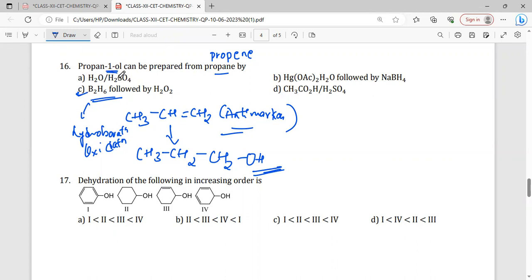Whenever you add acid, you'll be having Markovnikov's addition. This is mercuric acetate and water, again your oxymercuration and demercuration reaction. Again, it will yield Markovnikov product, isn't it? So obviously, this option C will yield you anti-Markovnikov. That's your answer.